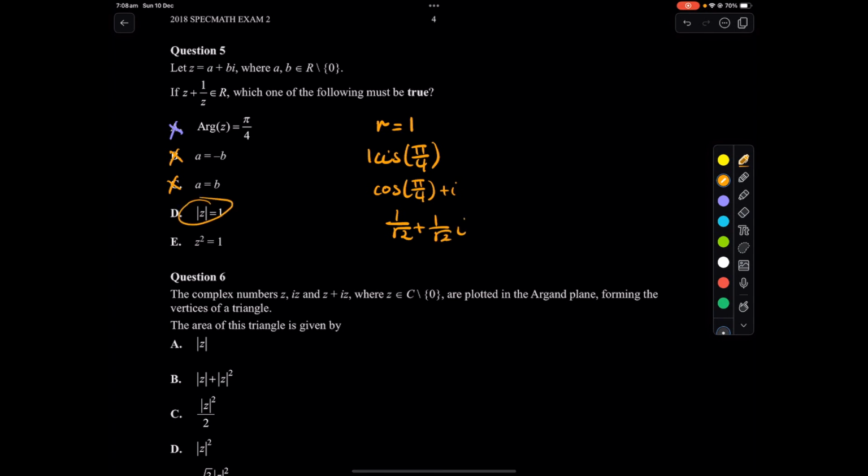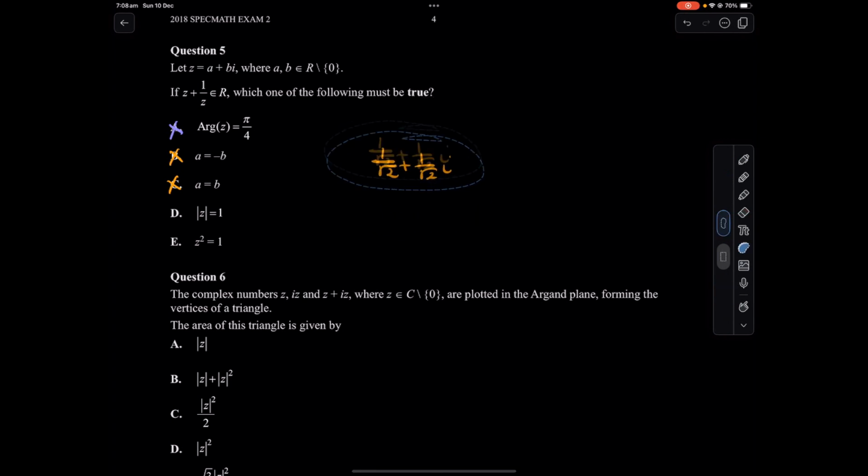Okay, so that's your z value. Great. Let's check if that works. If z is equal to this, would that be true?